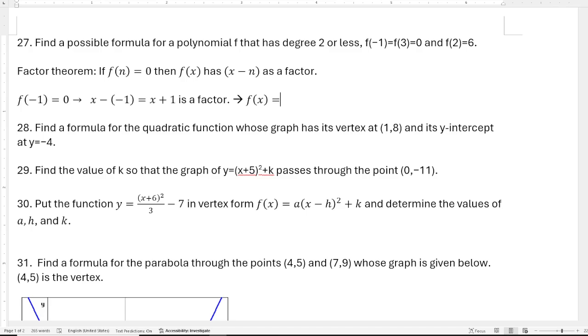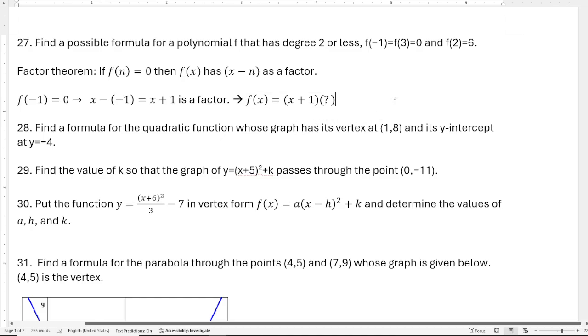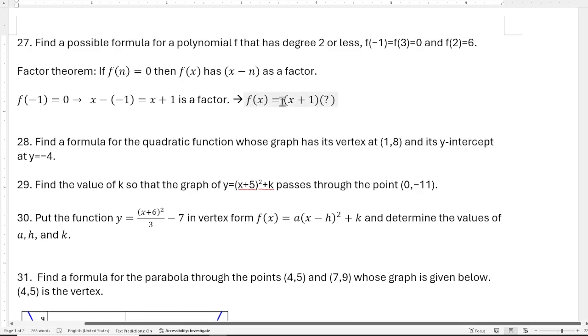So f of x is x plus 1 times something. That's what it means, because being a factor means it makes up part of the product that is equal to the whole thing.